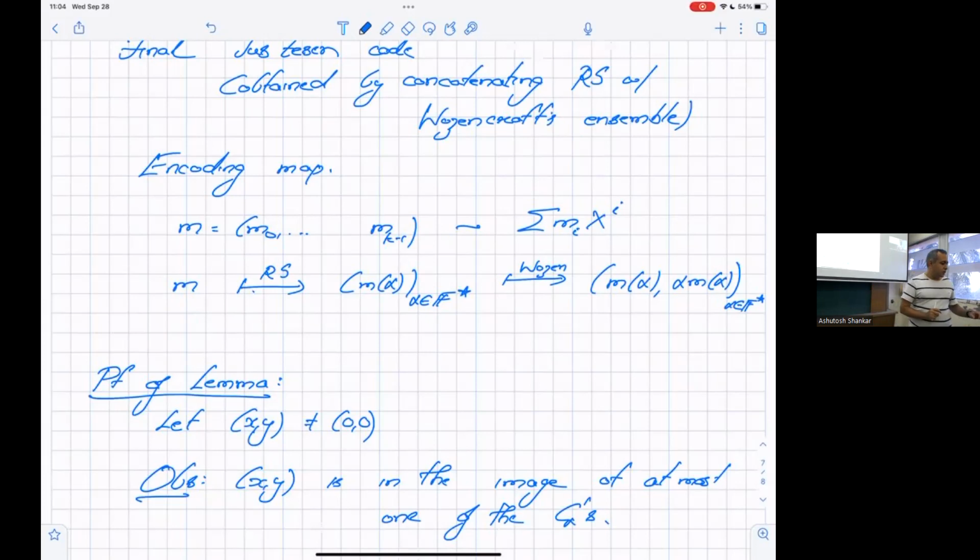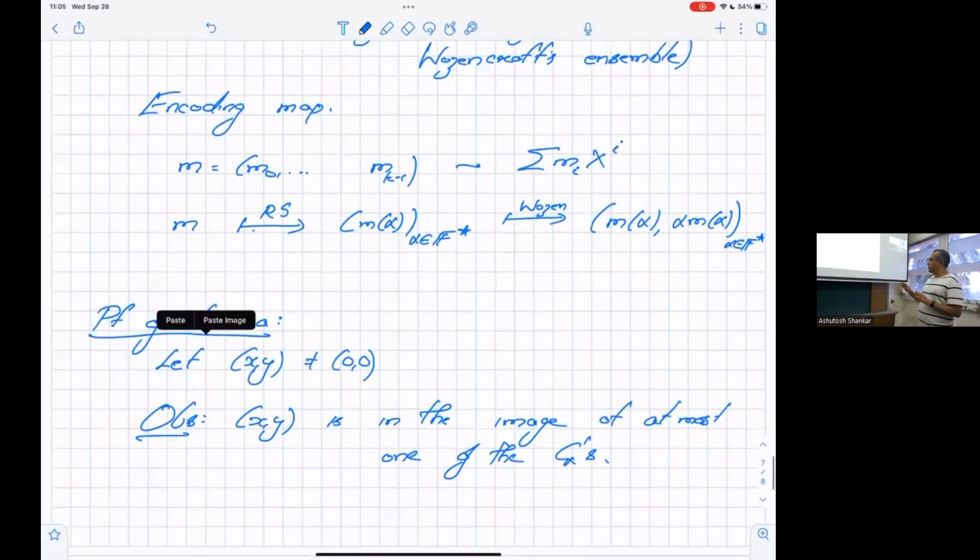So this observation tells you that if you look at the space of 0,1 to the 2t, you can just knock off the 0,0. 0,0 appears in all the C alphas. Just knock that off. The rest are a partition of the images of C alphas and things which are not images of any of the C alphas. There's no overlap among the images of the C alpha, but for the all zeros.